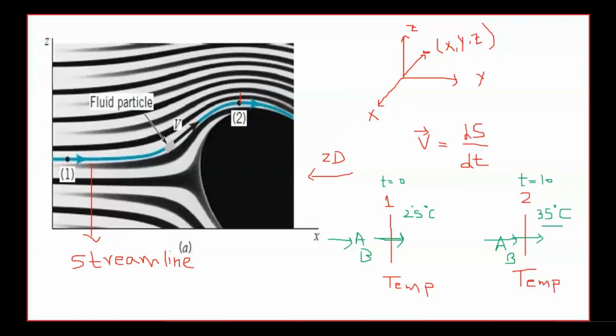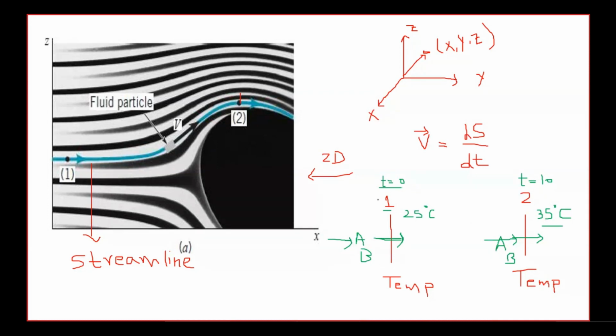Okay, so this flow is termed steady flow, because at location 1 there is no change in temperature with time. With time there is no change in temperature at a given position. Is it clear?